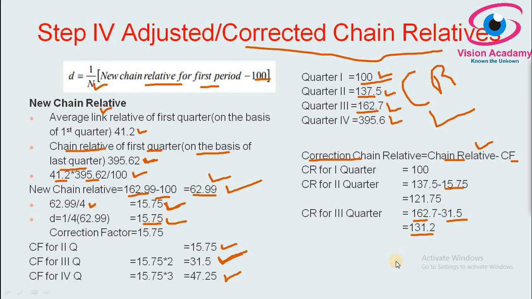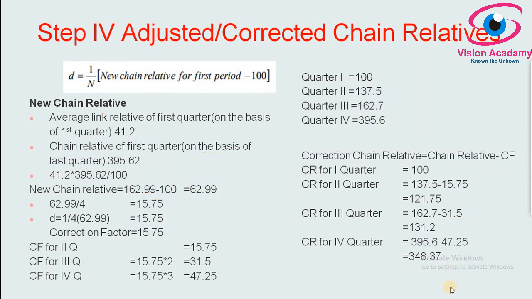And for the last quarter, let's obtain the corrected chain relative. Here 395.6 is the chain relative for the fourth quarter, and the correction factor is 47.25. When we subtract the correction factor from the chain relative, we obtain the fourth quarter corrected chain relative, which is 348.37. So in this way we finished finding the corrected chain relatives.